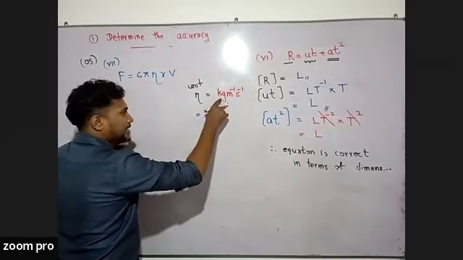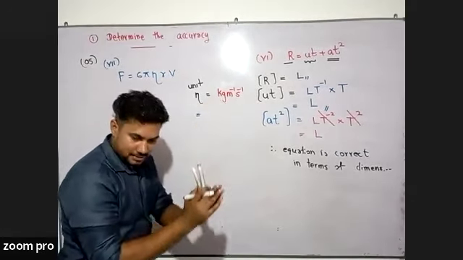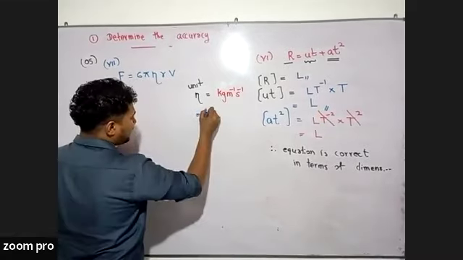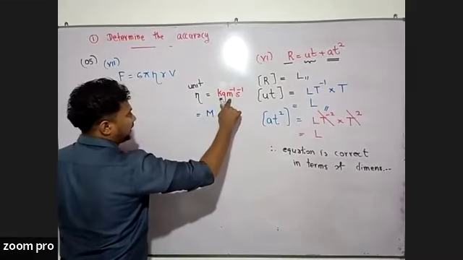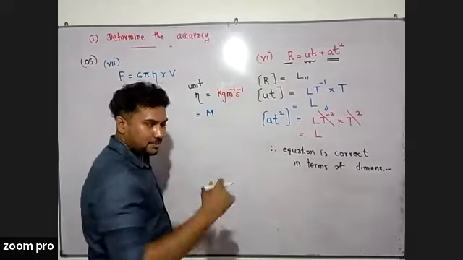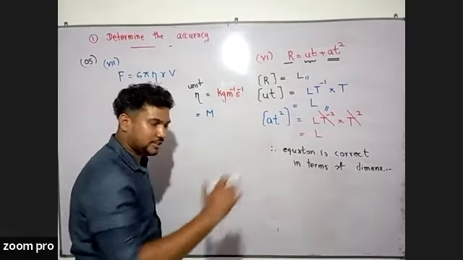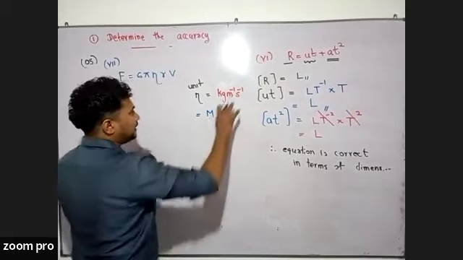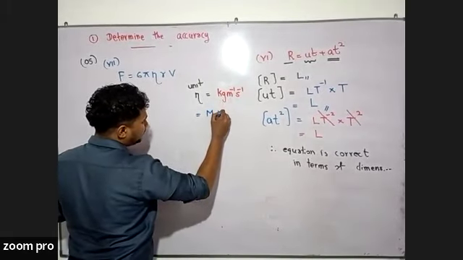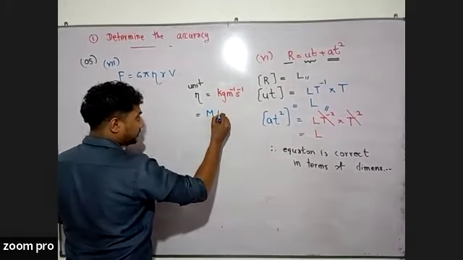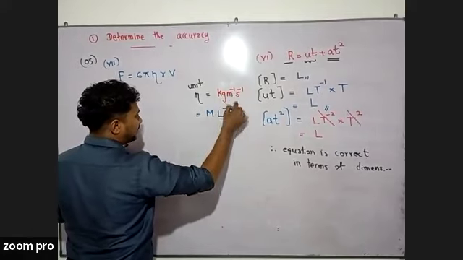Here, kg, kilogram, represents the mass, so the dimension of mass should be M. Small m represents meters, and meters measure the length.